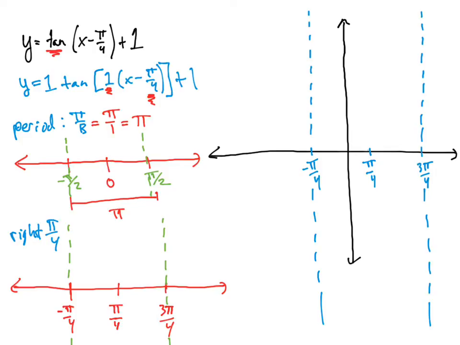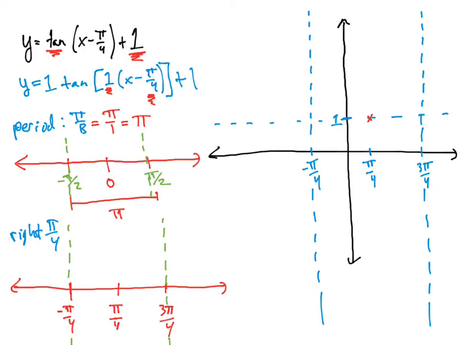The middle of the period is where the graph is going to cross the horizontal axis. Now our horizontal axis is getting moved up 1 unit, so plus 1. So at a value of 1, let's put it right here, that is like the horizontal axis. So we're not going to cross at the x-axis, we're going to cross at this new horizontal axis.